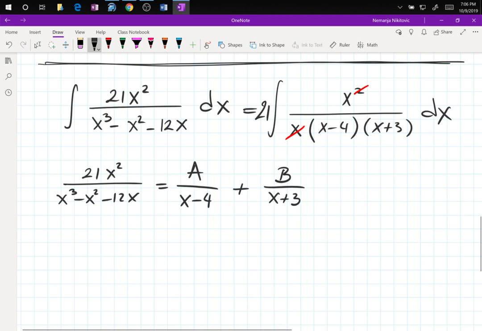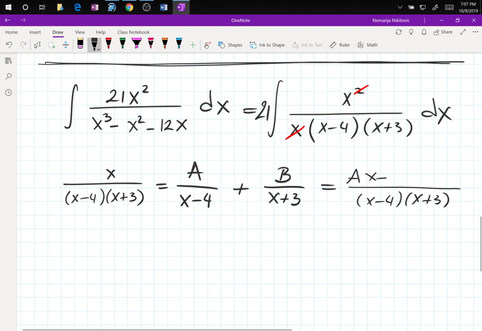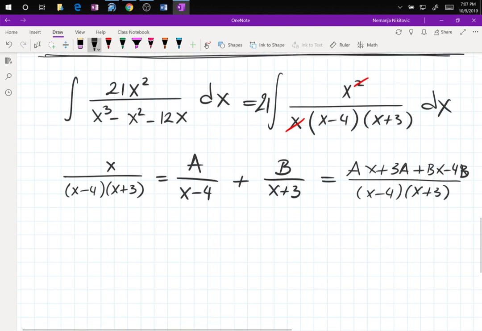So now I have to kill the square, kill 21, change this into x minus 4, x plus 3, there we go. Excellent. Cross multiply, x minus 4, x plus 3, and then we have Ax plus 3A plus Bx minus 4x, no, 4B, I lied, 4B, there we go.